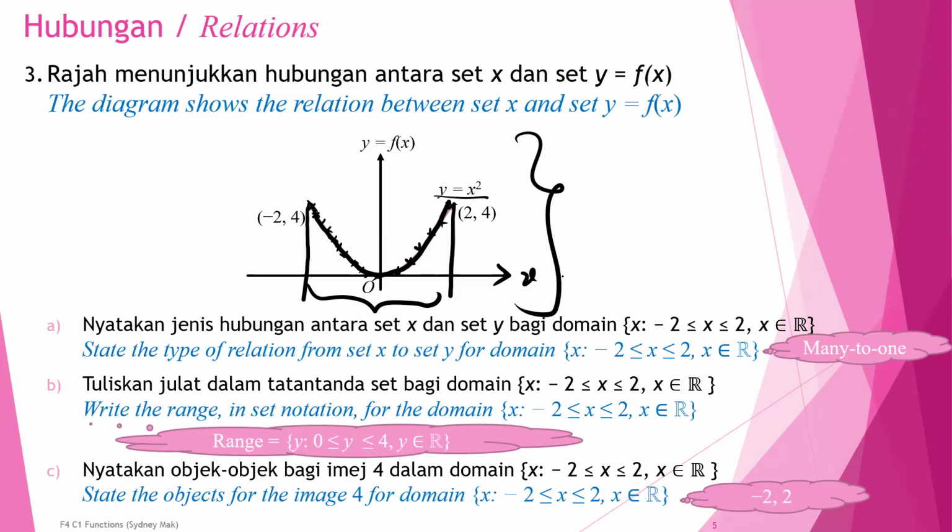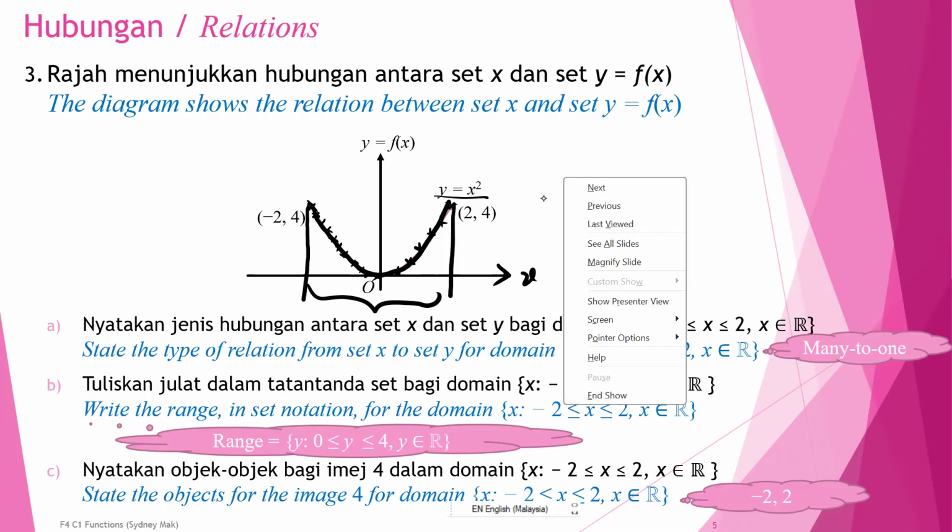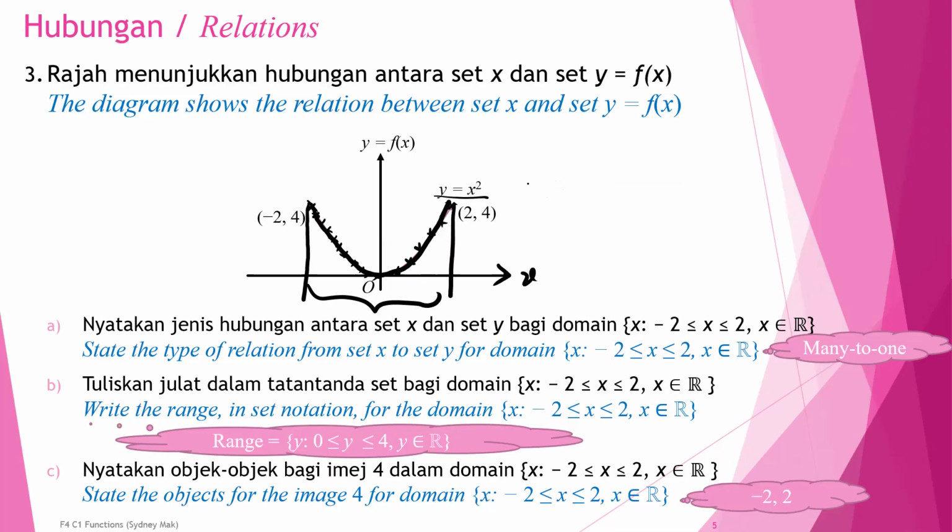No. From the y-intercept, which is here, the minimum point of the curve. What is the y value here? The y value here is 0, because on the x-axis, y equals 0.